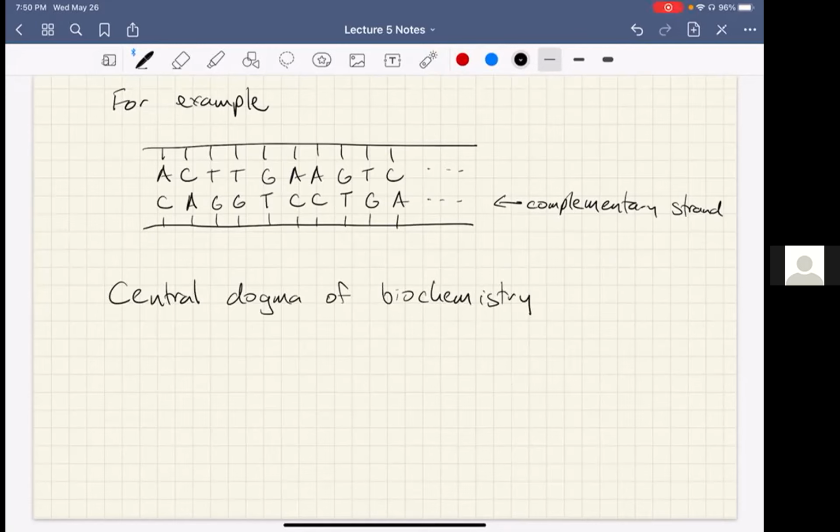There are more complicated views of this, but fundamentally how DNA works is like this. We start with DNA, which is double-stranded. Then I read off one strand of it like this, and I create a single strand. The single-stranded equivalent of DNA is called RNA.